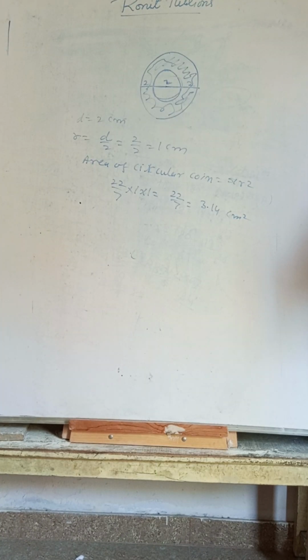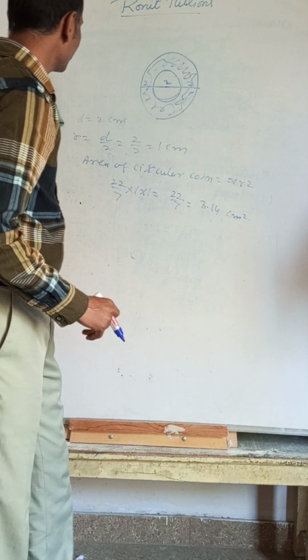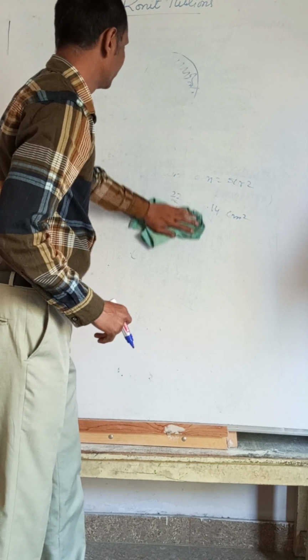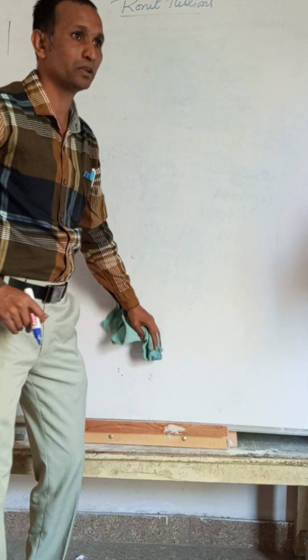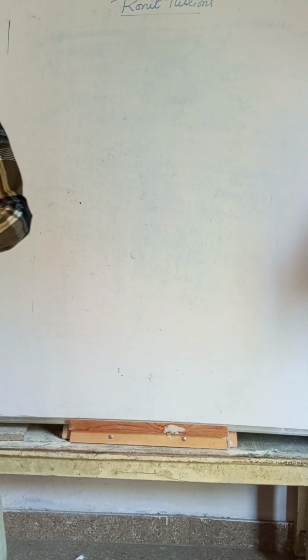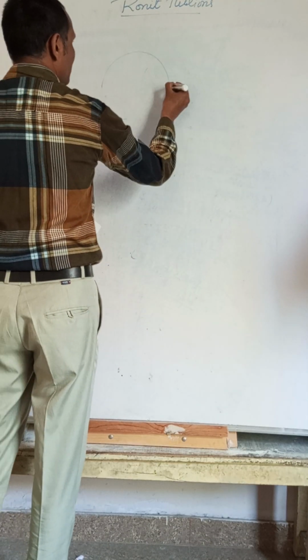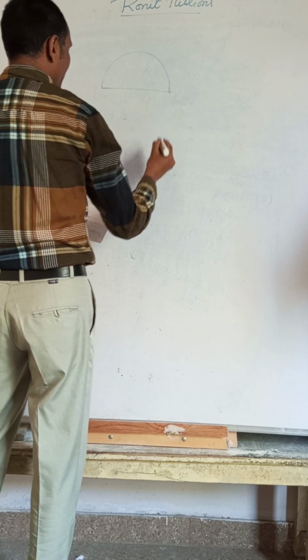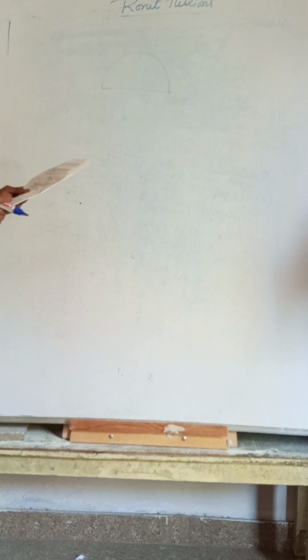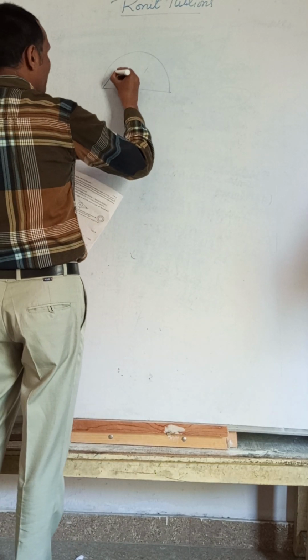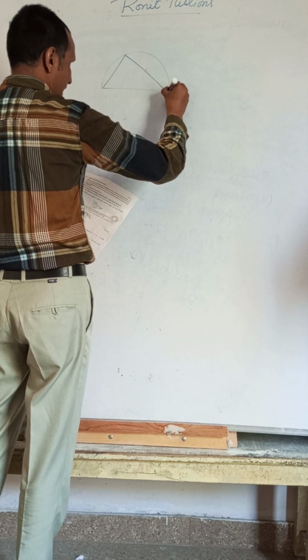Another question is given here. In the given figure, one figure is given, a semicircle type. AP is given, and like this a triangle is made.